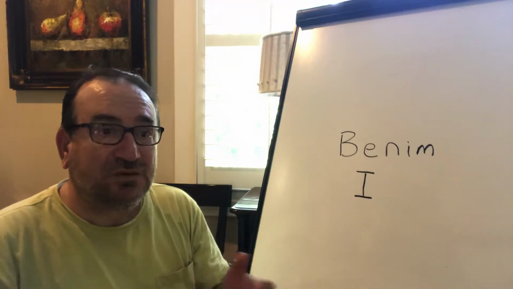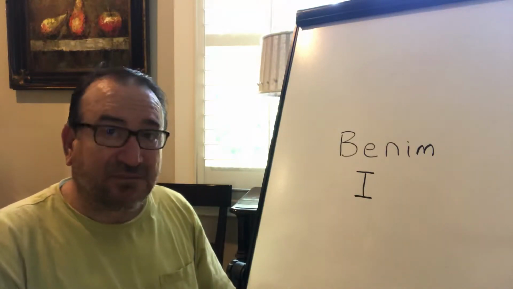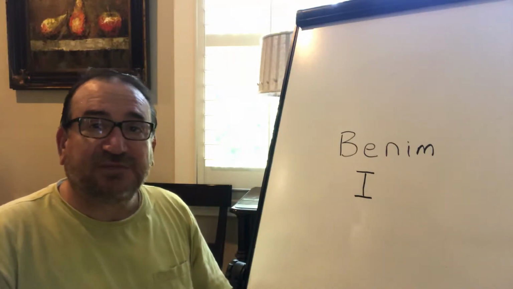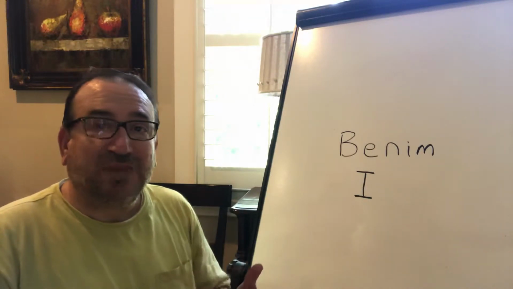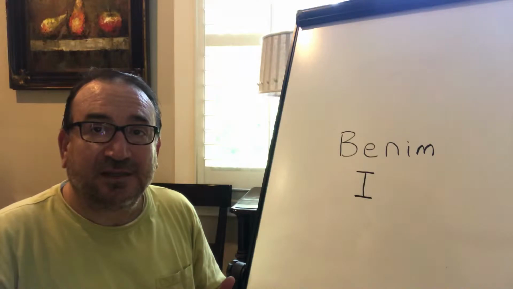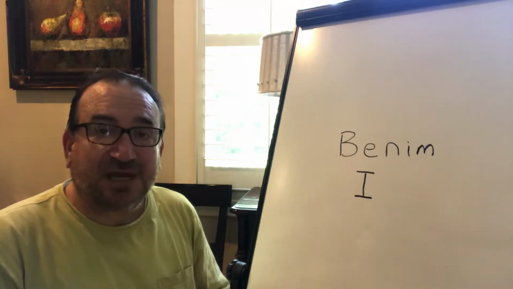How do I know the difference? We're going to give some examples, and then you will be able to learn when you use benim, it means sometimes mine, sometimes my.